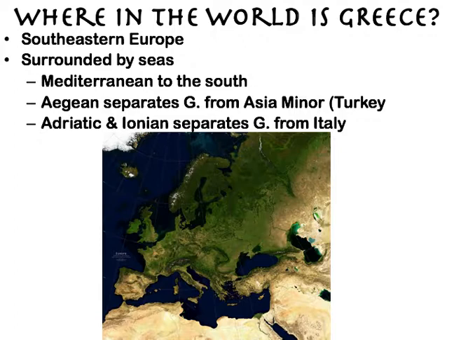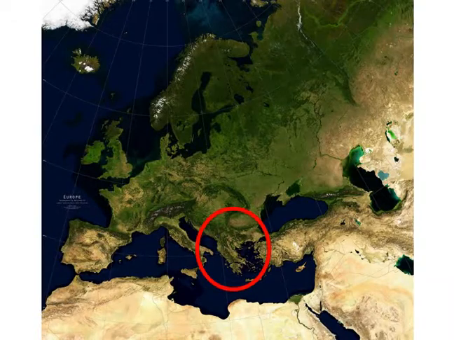And then it's separated from Italy by the Adriatic and Ionian seas, and it is separated from Asia Minor, which we today call Turkey, by the Aegean Sea. That Aegean Sea is going to be real important to Greece. So, if we look again, we can see the Mediterranean Sea here in between Europe, Africa, and Asia.